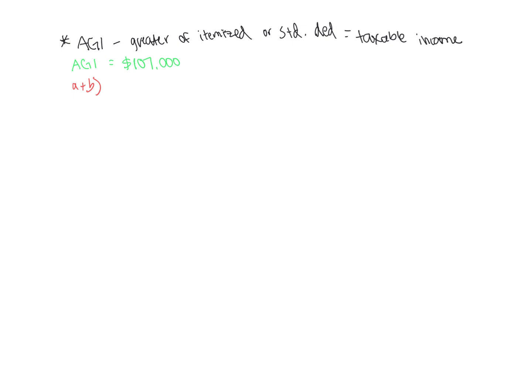Letter B says Shauna paid a total of $3,400 in health insurance premiums during the year, not through an exchange. Her company, Streamline Design, did not reimburse any of this expense.